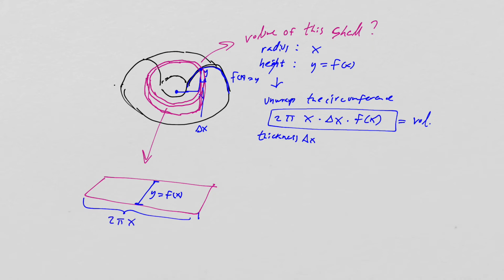And then the thickness, I'll do that in blue too. That'll be delta x, right? So one way we can characterize this is that dV is going to be equal to 2 pi x times f of x dx.